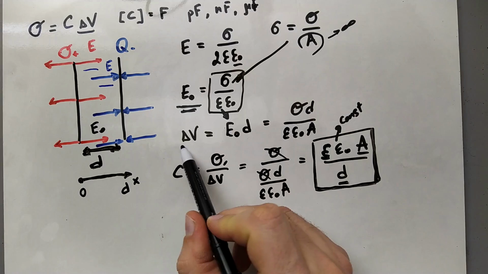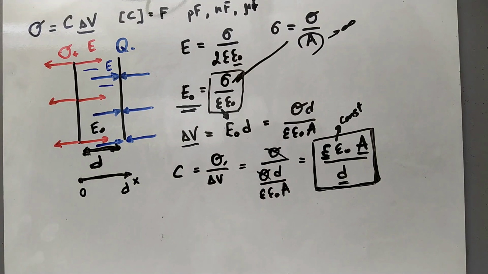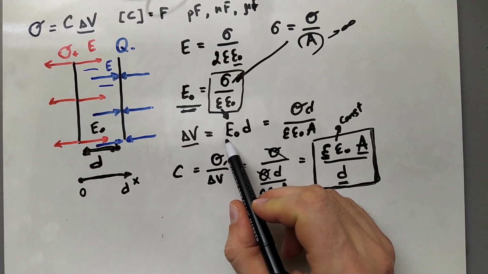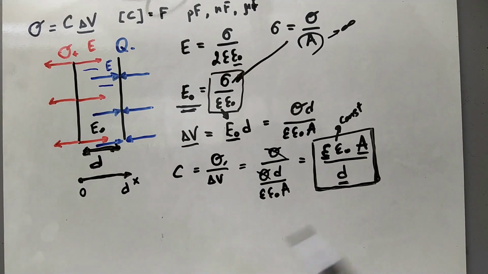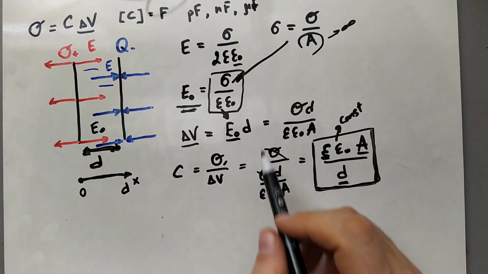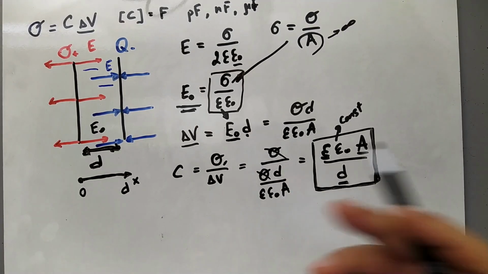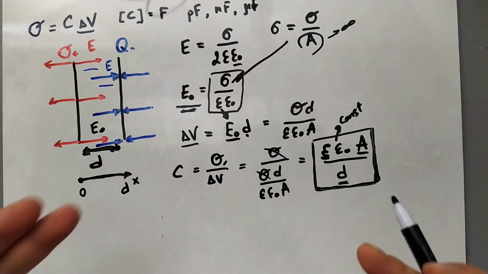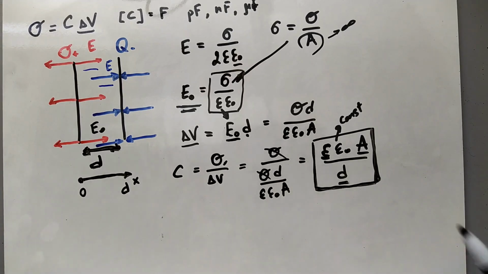And then the voltage drop, delta V, or potential difference between the two plates, is defined as the product of some constant, which is independent of thickness, times the thickness of the dielectric layer, or in other words, the distance between the two plates of this capacitor.